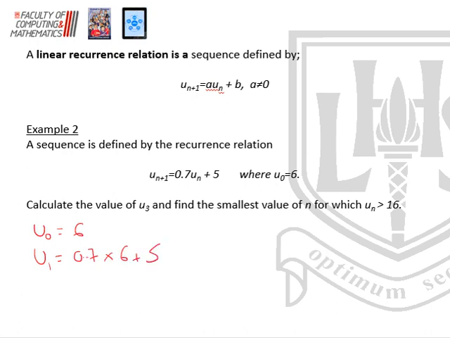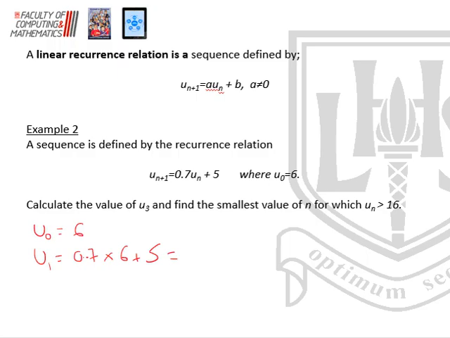This is where it falls down compared to the National 5 stuff. We can't just do it in one sum. We've got to actually run through the sequence. Sorry, just had a wee problem with my computer. So 0.7 times 6 is 4.2, add 5 is 9.2. And then your U2, I would just jump into it. You've shown you can use your reconciliation with 9.2.